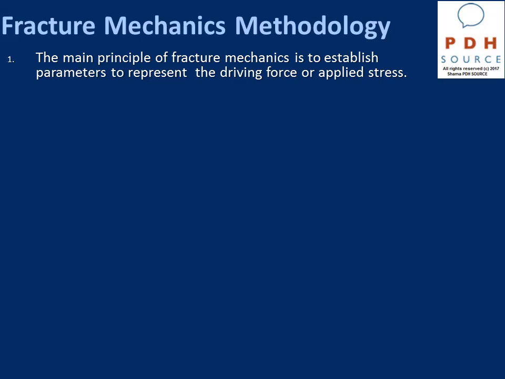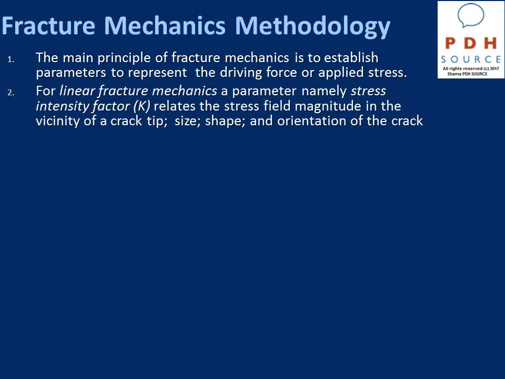So basically, we establish parameters for the driving force or applied stress first. And for linear fracture mechanics, we are going to use a parameter called the stress intensity factor, K. This parameter relates the stress field magnitude in the vicinity of a crack tip and the size, shape, and the orientation of the crack.